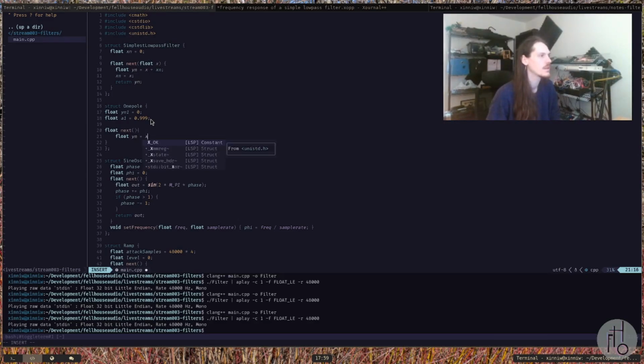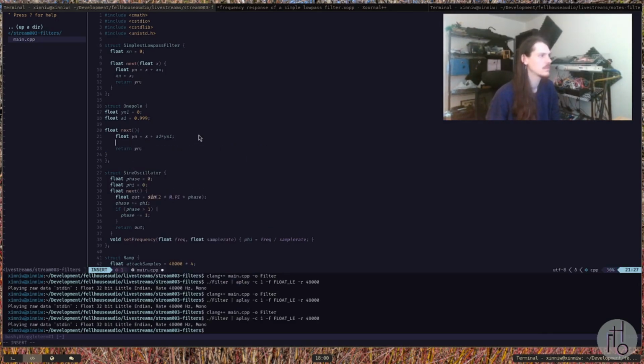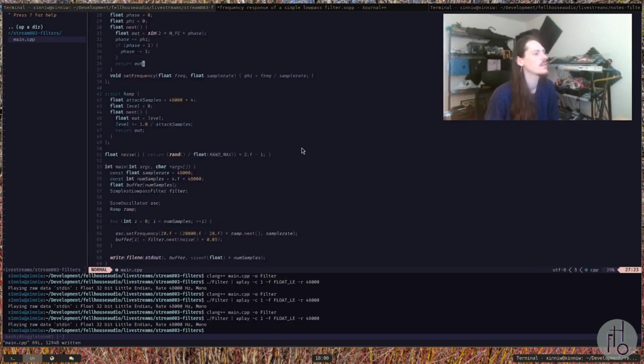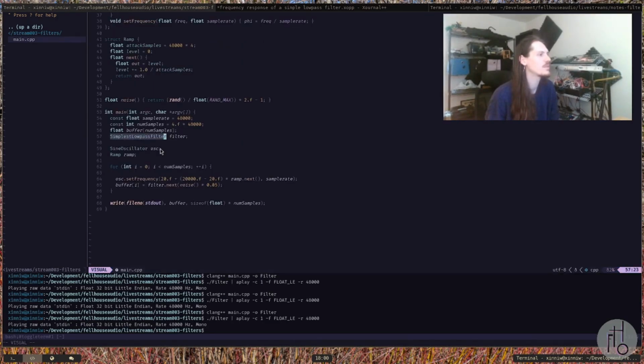Okay, so yn is equal to x plus a1 times yn1. We return yn. And we say yn1 is equal to yn. Great. Okay, here's our one-pole filter. Let's use the one-pole filter instead of the simplest low-pass filter.